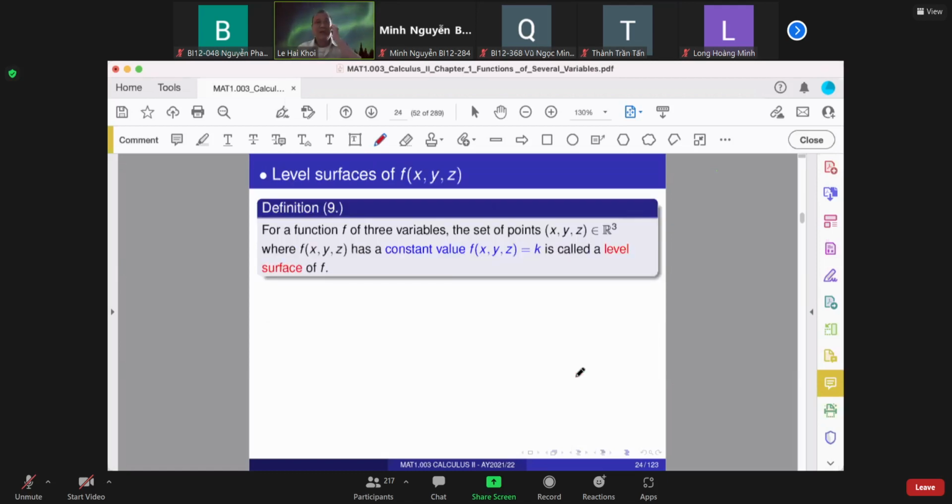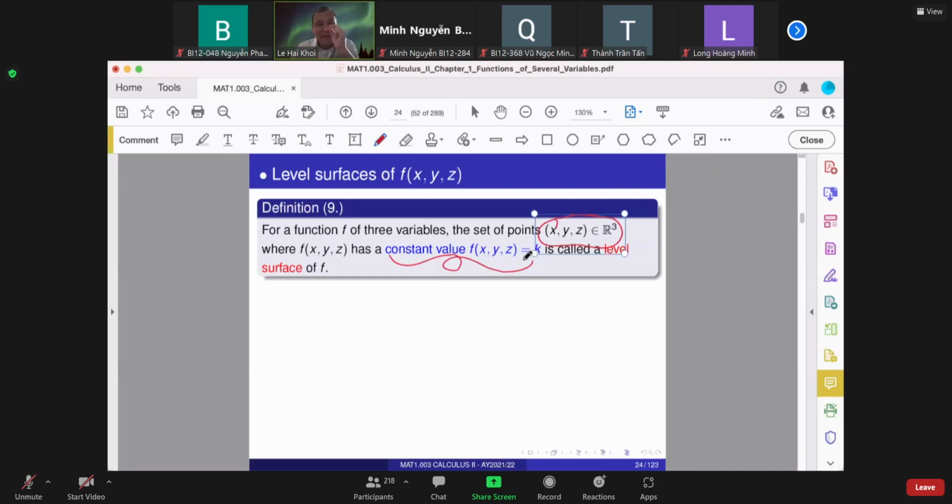So how about the level set? The level set in this case is a set of all points, exactly the same as for a function of two variables, where f(x, y, z) is a constant k.